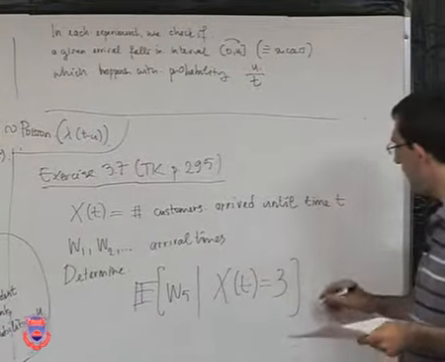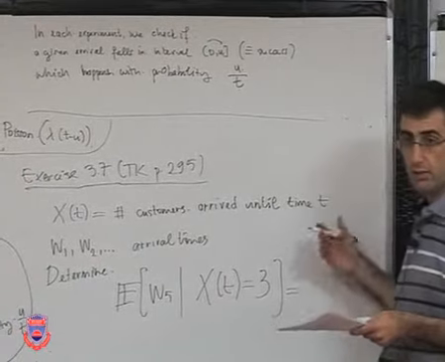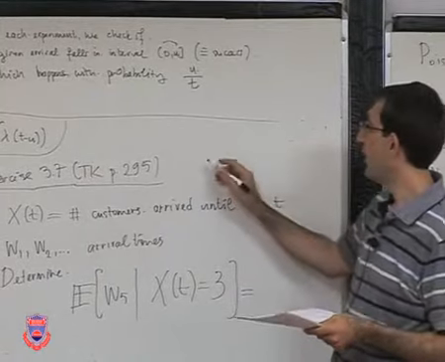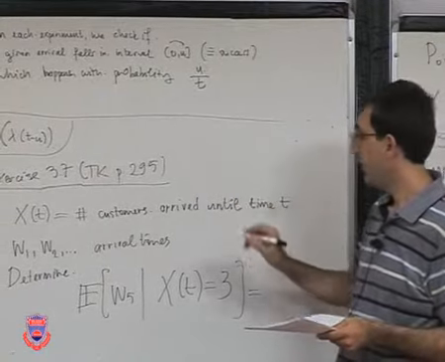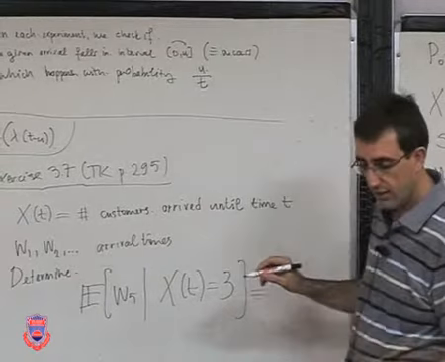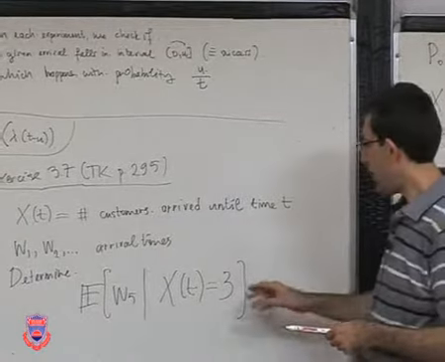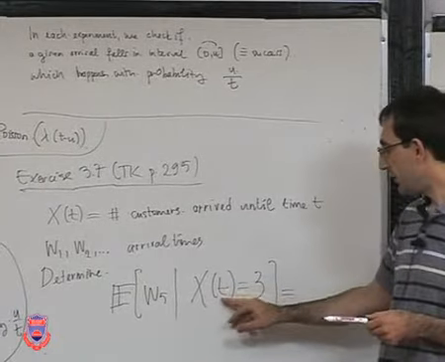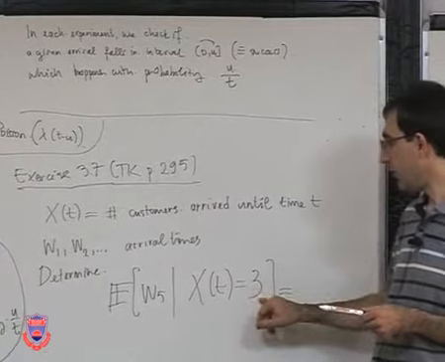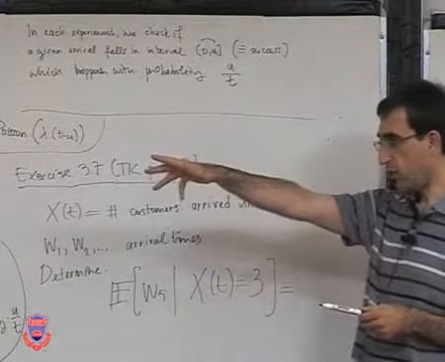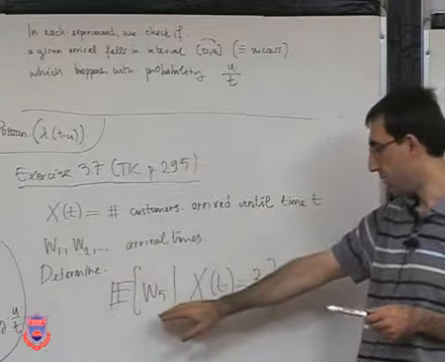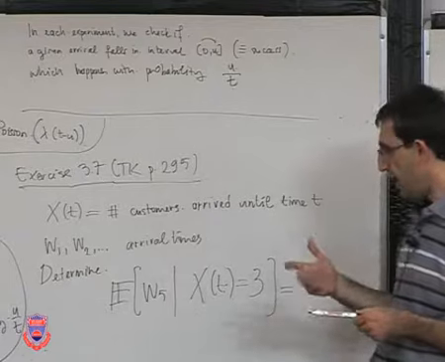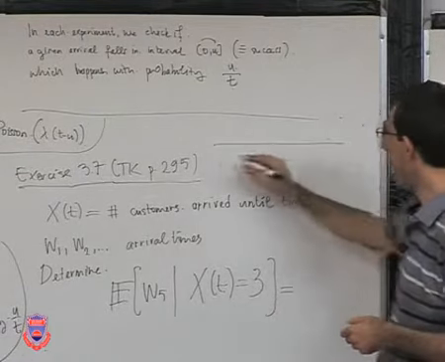Any guesses? Any answer, perhaps? So yes, till time t, 3 customers have already arrived. We need to determine how much time it takes for 2 more customers to come to the system. Maybe a picture is going to help.